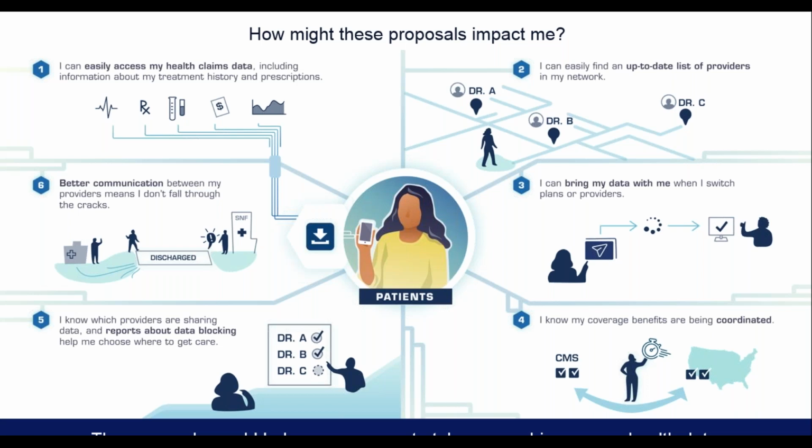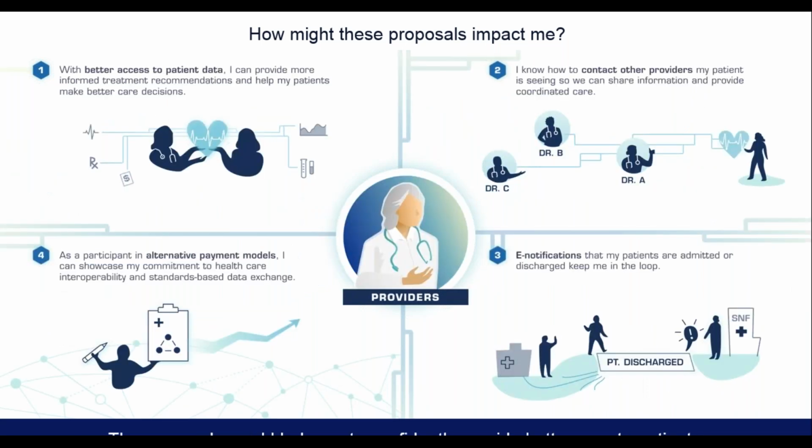empowered decisions. For providers, I want to stress again that this is the first phase of policies that we are putting out, and we are considering additional ways to increase interoperability among providers. The policies in this particular rule will really give providers more comprehensive data on their patients with access to claims information.